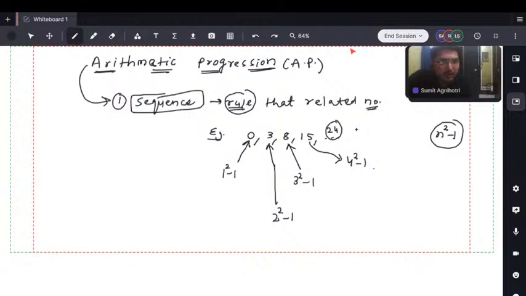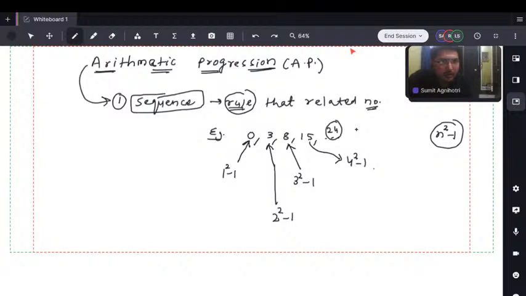Okay, alright. Now let's consider a particular sequence where the common difference is going to be the same. I'm presenting a few examples here. Let's say I have 4, then 9, then 14, then 19. What is the common difference that you find here?